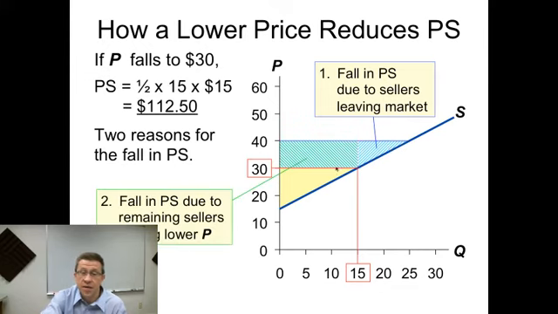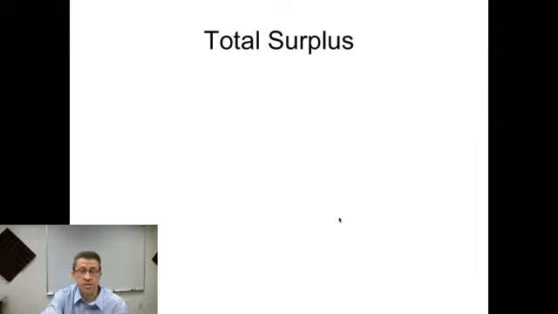But then you also have every other person who was selling before and still is selling now, used to be able to sell their product for $40 each. Now they can only sell their product for $30 each, right? Every single one of those sellers is losing $10. So the fall in producer surplus due to the remaining sellers getting the lower price, $10 each, that accounts for the remainder of the loss.